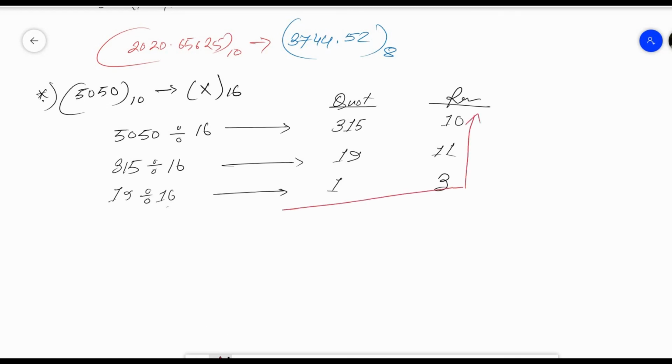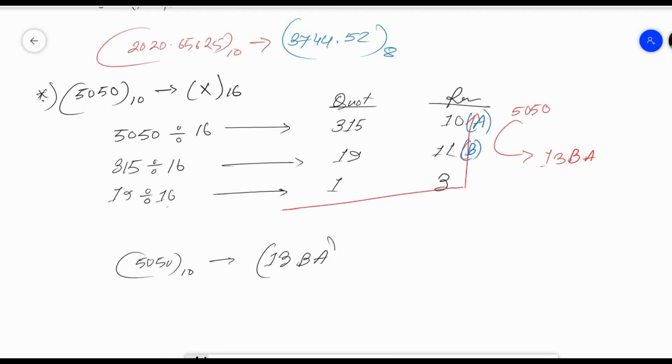So if we convert 5050, we have 1 3, and in hexadecimal system we denote 11 as B and 10 as A. So we'll write here 1 3 B A. So we get 5050 from decimal to 13BA in hexadecimal format.